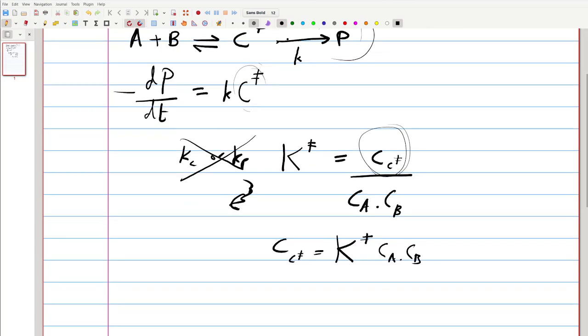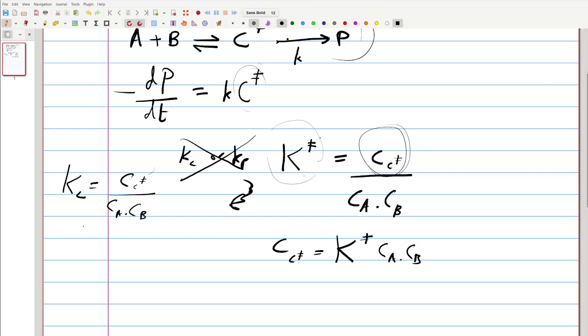Now where did we get this proportionality constant from? Normally we would write Kc equals the concentration of C over Ca divided by Cb, right? This would be the typical equation, but we replace Kc with Kp, and we get a proportionality constant when you replace Kc with Kp.